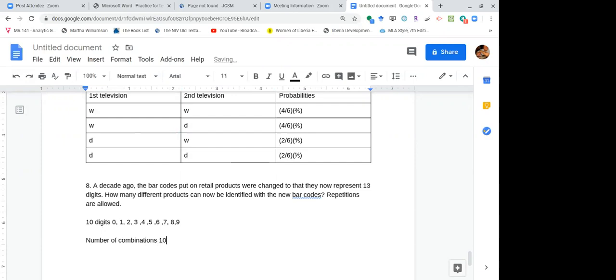10 times 10, and it's going to occur 13 times. So that's going to give you 10 to the 13th power.